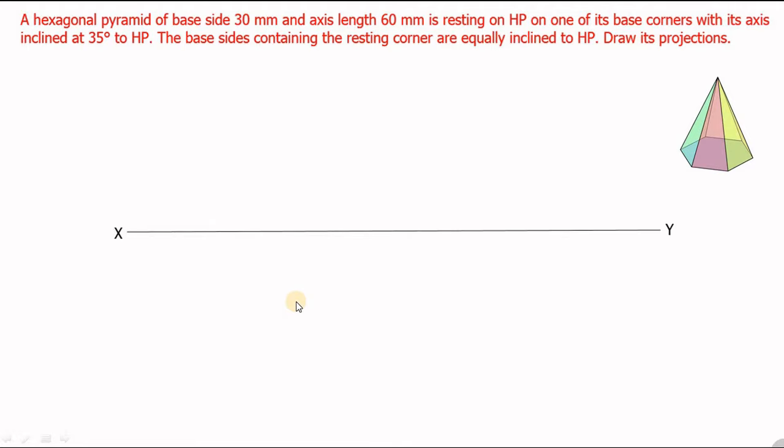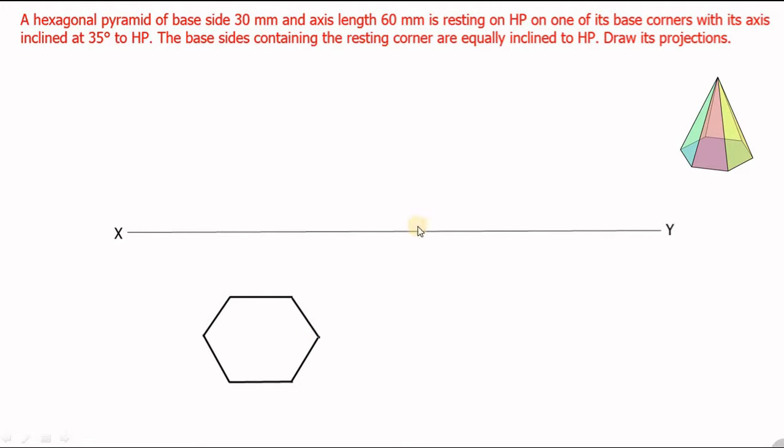So we draw the hexagon in the top view, that is below XY. How should you draw this hexagon? As I already said, in the solid we have to keep the resting portion, corners or edges, on either the left side or the right side. Based on this diagram we proceed to the second portion, the same procedure I told in my earlier videos.